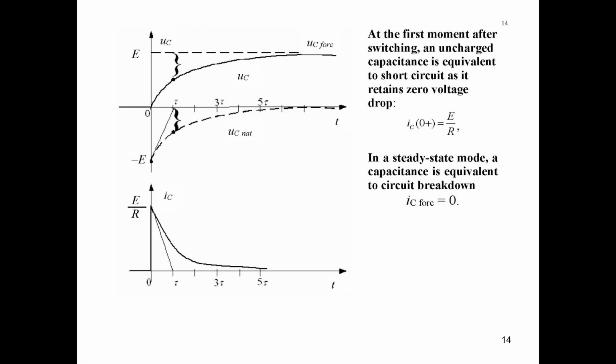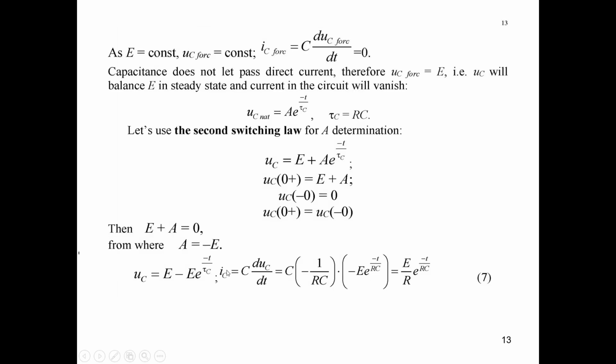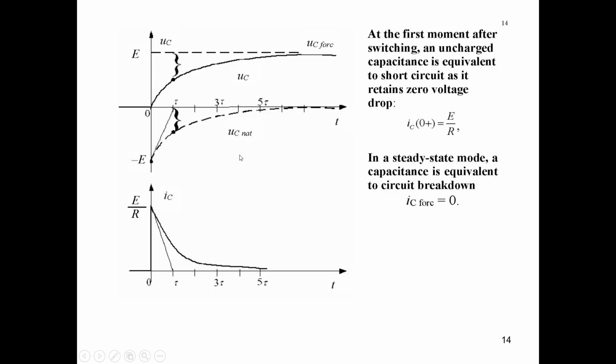Then we can depict graphs of these functions, both of UC and IC. Before commutation, as concerned UC, UC was equal to 0, and after commutation in steady state it will be equal to UC forced, which is equal to this EMF.